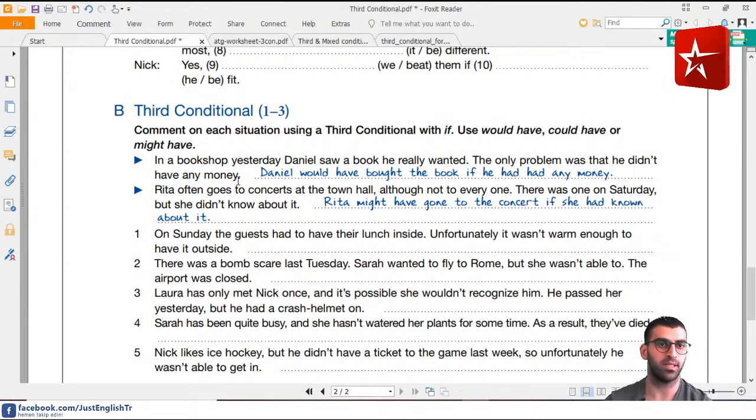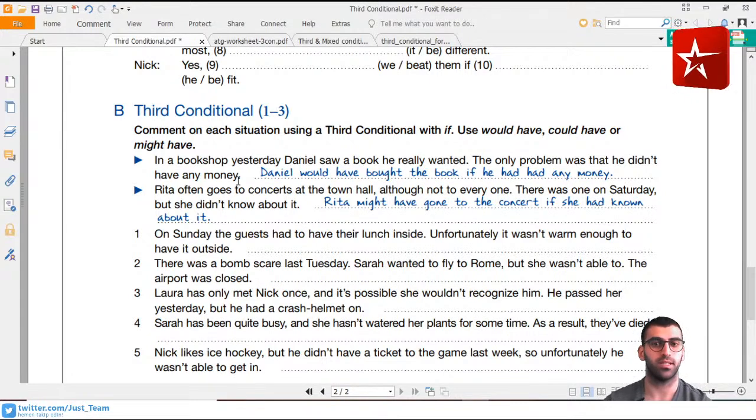The second sentence, Rita often goes to concerts at the town hall, although not to everyone. There was one on Saturday, but she didn't know about it. So Rita might have gone to the concert if she had known about it. So it's a kind of changing the sentences by using third conditional ones.